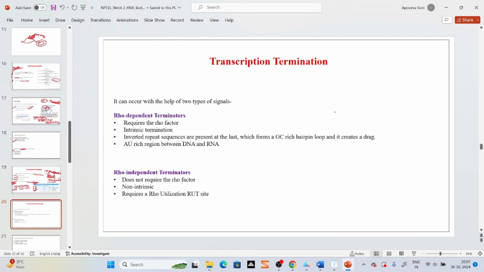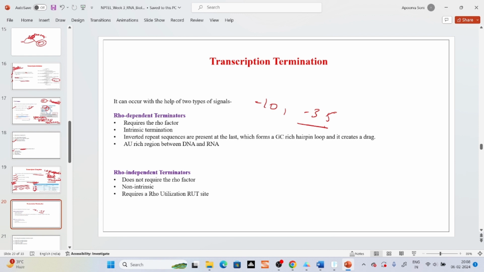So up till now we have studied that RNA polymerase comes with the help of sigma factor. It is able to recognize the promoter sequence, specifically the -10 sequence, TATAAT, and the -35 sequence, TTGACA. These are the two consensus sequences within the promoter which are recognized by the sigma factors.